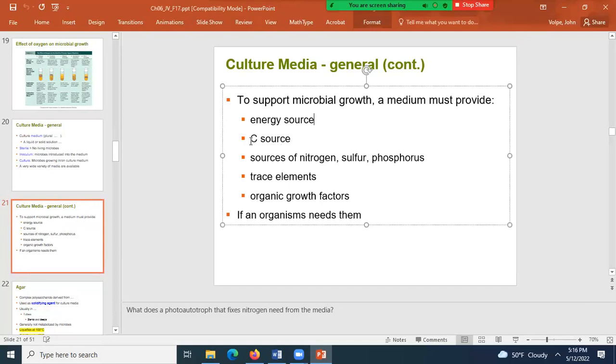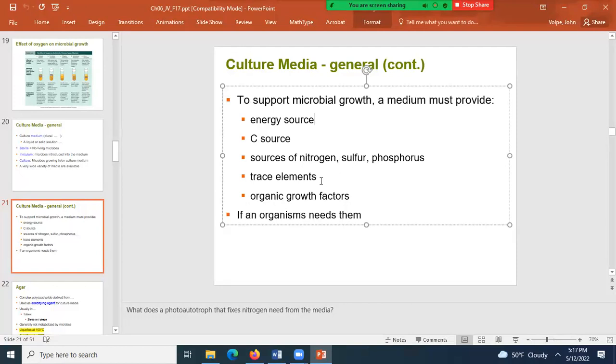That carbon source is often glucose or a protein. There must be a source of nitrogen, sulfur, and phosphorus. And if you're including protein in the media, that could be the source of nitrogen, sulfur, and not really phosphorus, but certainly nitrogen and sulfur.